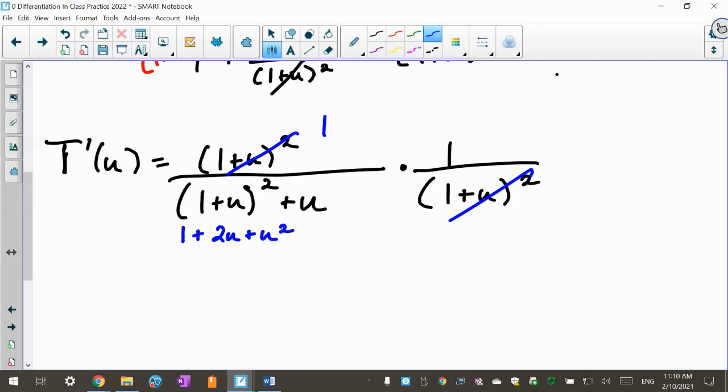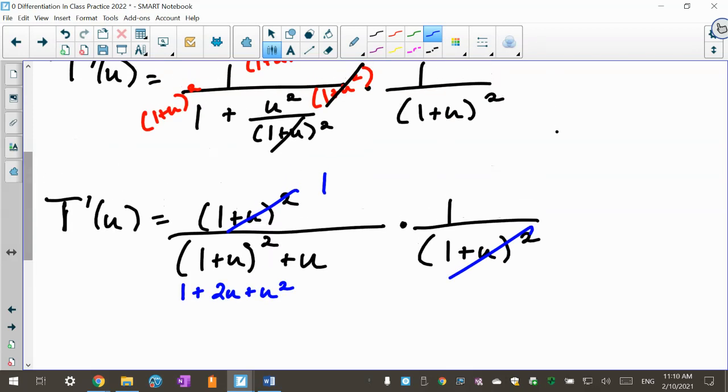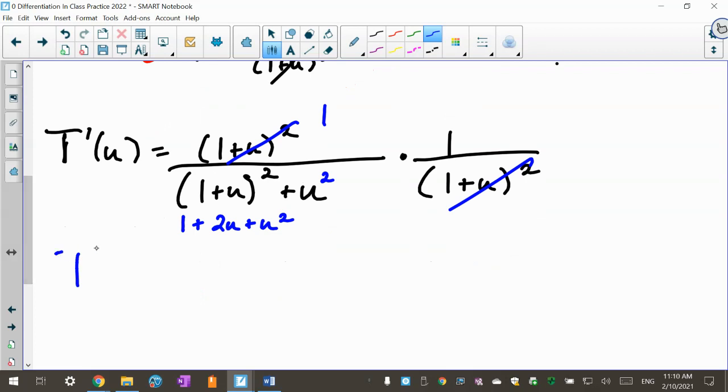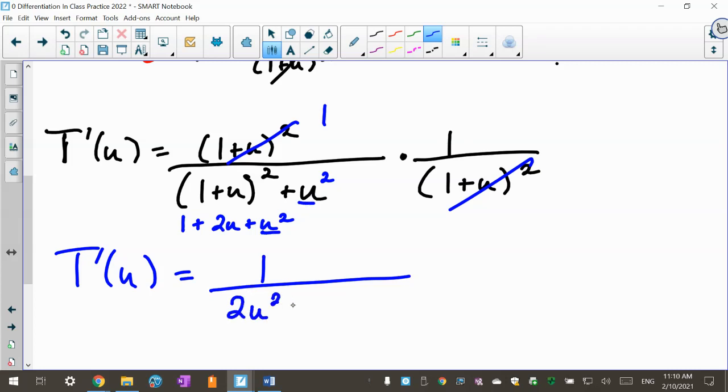And this right here is a u squared. I wrote it too fast. So now when I do this, I got t prime of u equals 1 over, and then I'm adding these two u squared. So I have 2u squared plus 2u plus 1. And that is the derivative. So it makes it kind of nice.